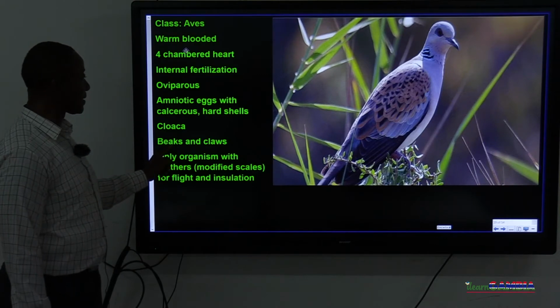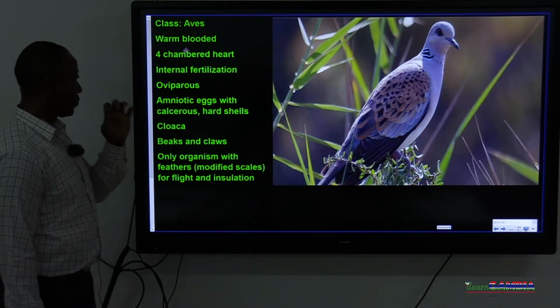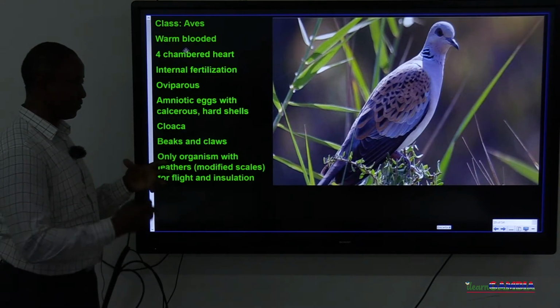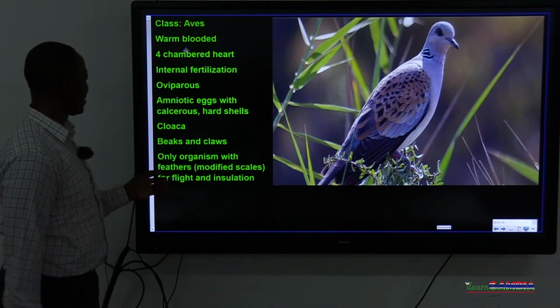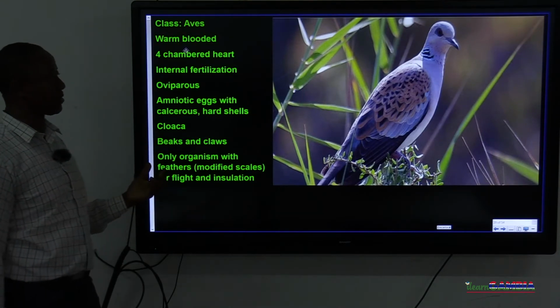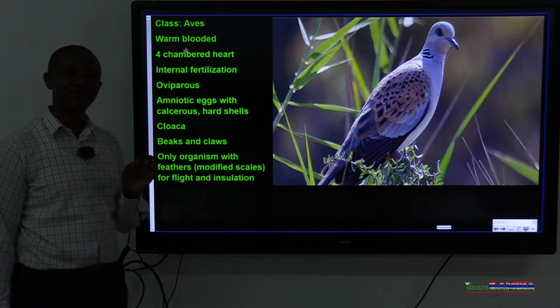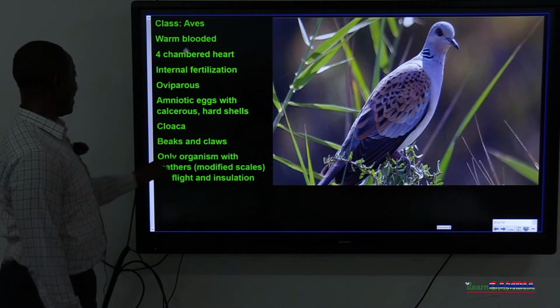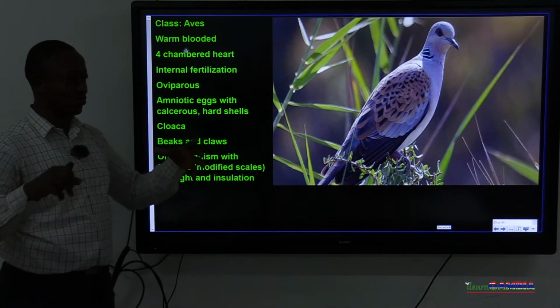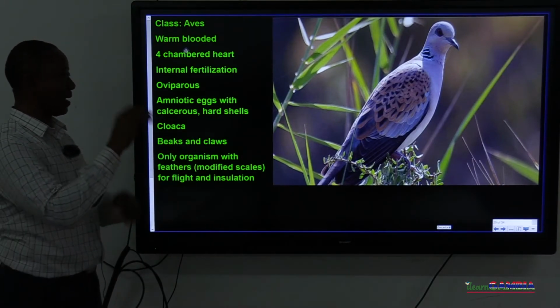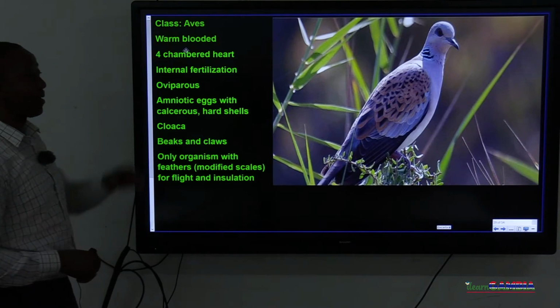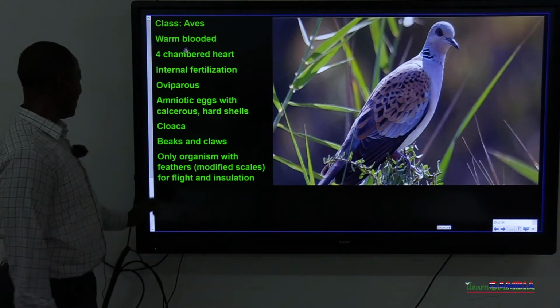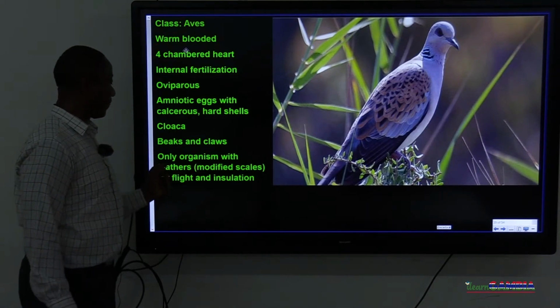They have beaks. That's the mouth modified into something a little bit hard, in fact very hard, because you've seen or you might have known of some birds that actually dig holes in trees. They have claws that help them to grab things, climb even trees sometimes, hang onto things, and they are the only organism with feathers.